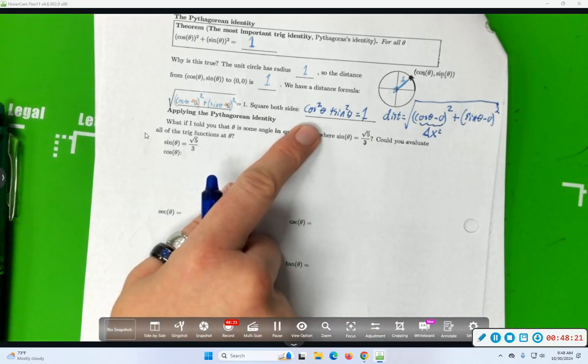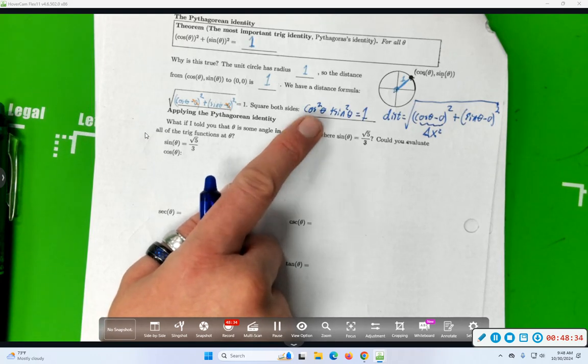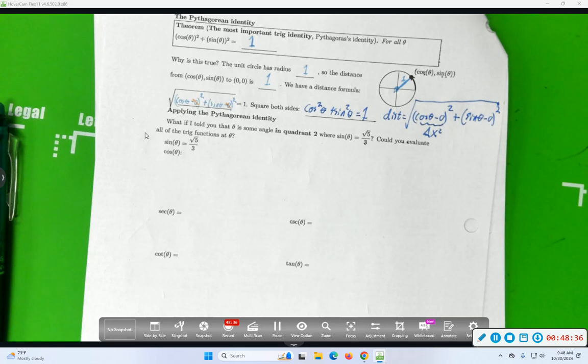If I tell you sine of theta, could you solve that for cosine of theta? Yeah, and in the last step you would take a square root to undo a square. So that would introduce a plus or minus sign. So the Pythagorean formula will tell you everything except for whether or not trig functions are positive or negative. Did we just address how to decide if a trig function is positive or negative?